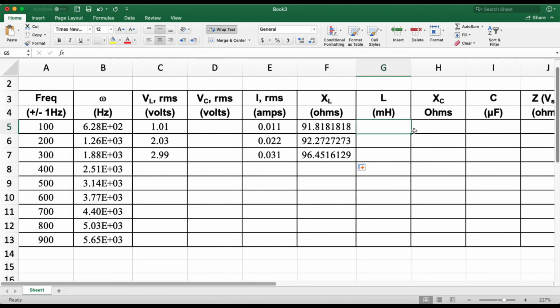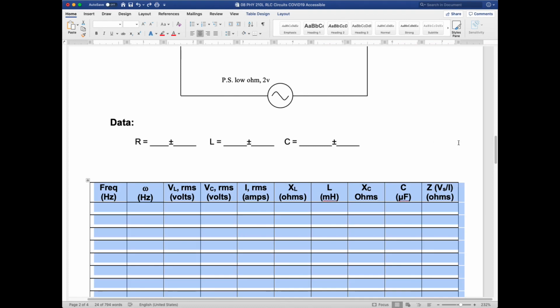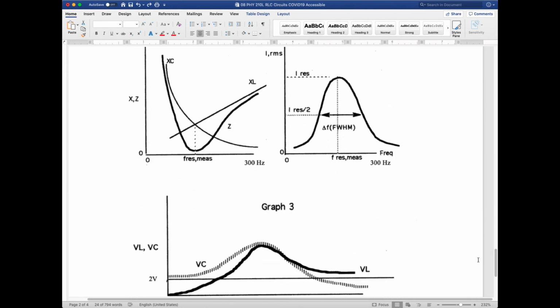And then you can make the graphs in your Word document. Right, then you can create these graphs.